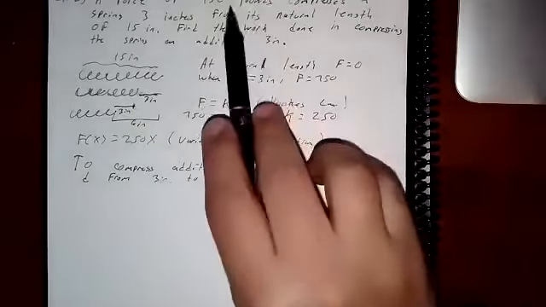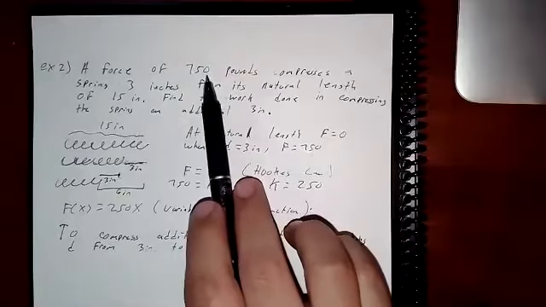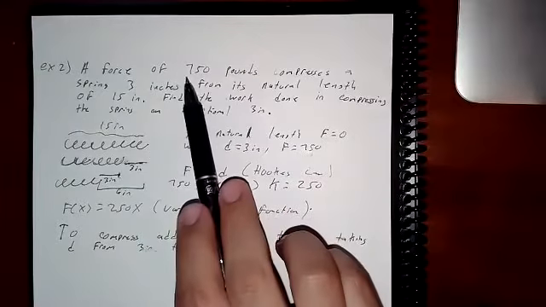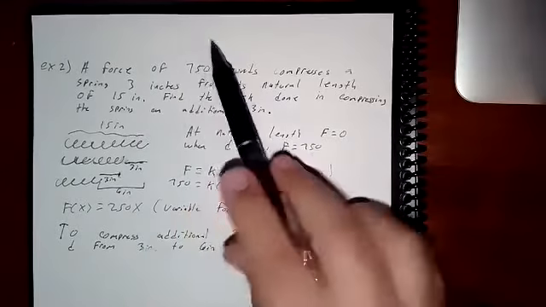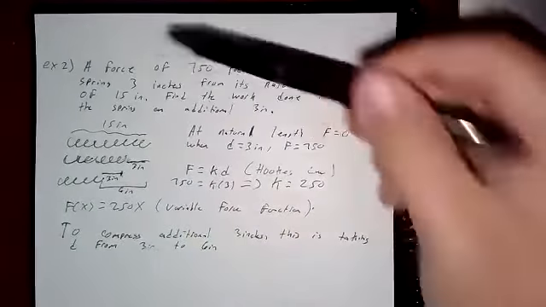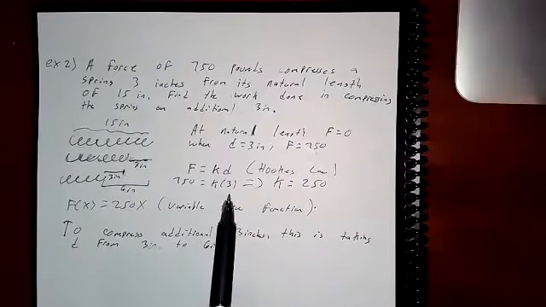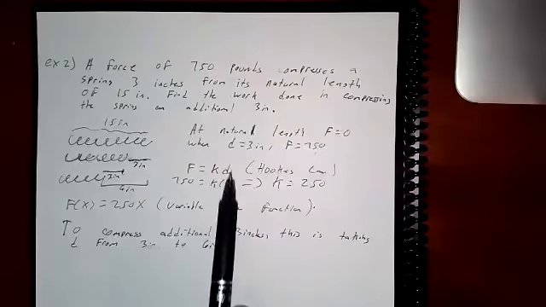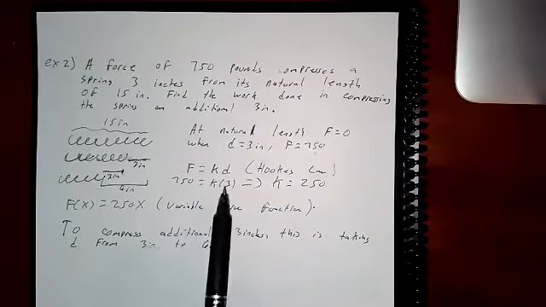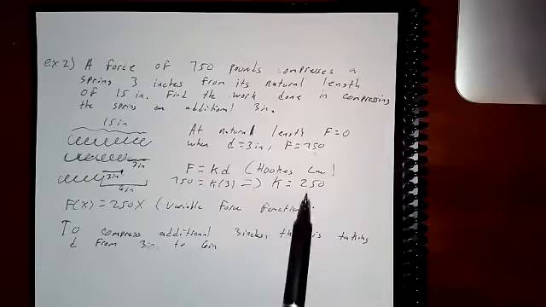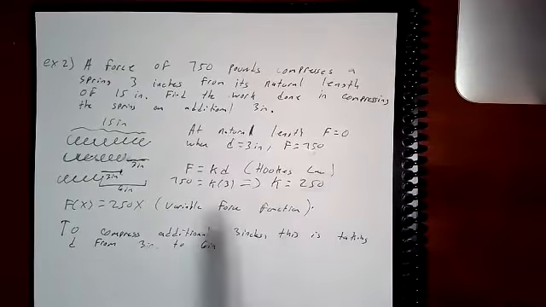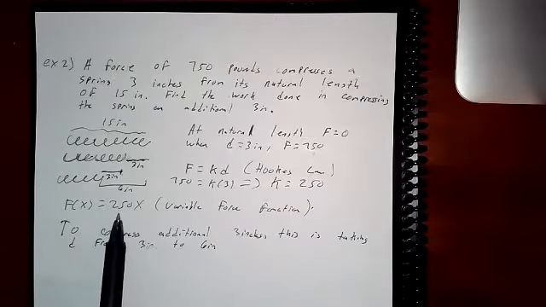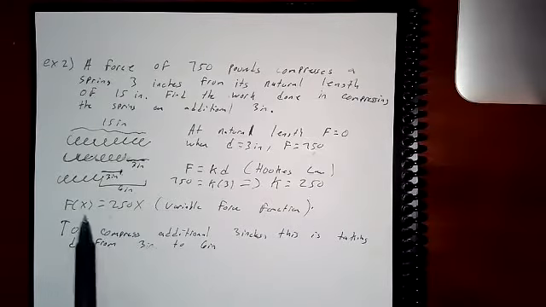They said there's a force compressing the spring 3 inches. So when it's compressed 3 inches, I have a force output of 750, or you can think of it as it takes this much to compress. So 750 is equal to k times 3, which is the inches, the distance. So then you can solve for k, which is the Hooke's constant, for proportionality. Then you can use this to create your variable function, based off Hooke's law.